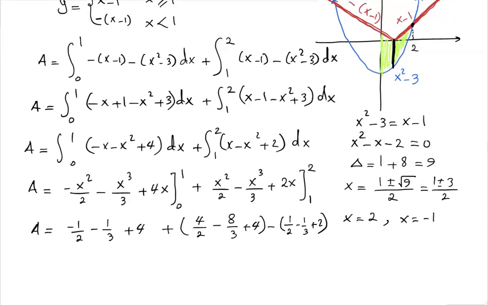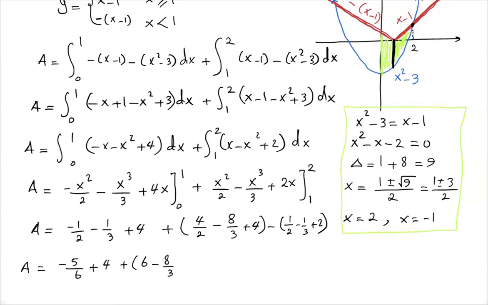So let me separate this and go back here. So my area is equal to negative 5 divided by 6 plus 4, plus 2 plus 4, which is 6 minus 8 thirds. And then you have minus, if you take a common denominator between these two, 1 over 6 plus 2. More algebra for you, everybody.